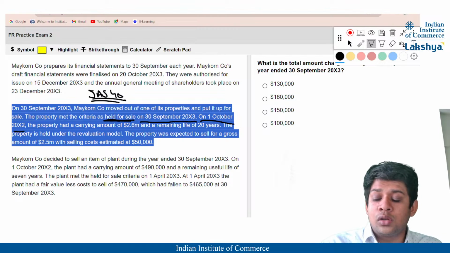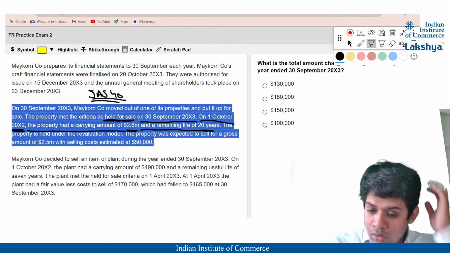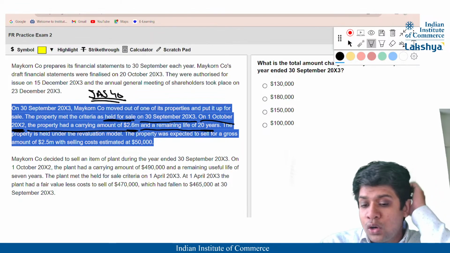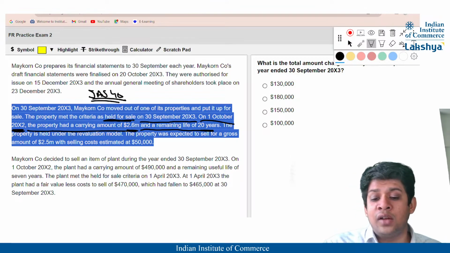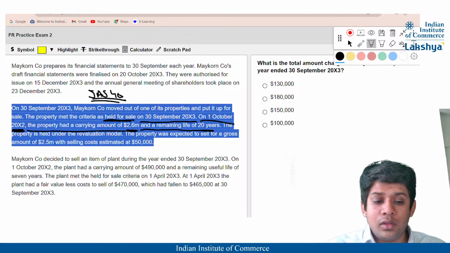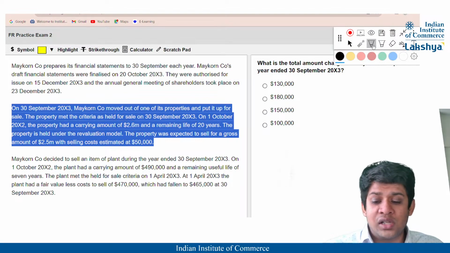On 1st October 2012, the property had a carrying amount of 2.6 million and a remaining life of 20 years. Okay, so before it was classified as held for sale, it is held for sale, so probably it might be classified under IFRS 5, not IAS 40.